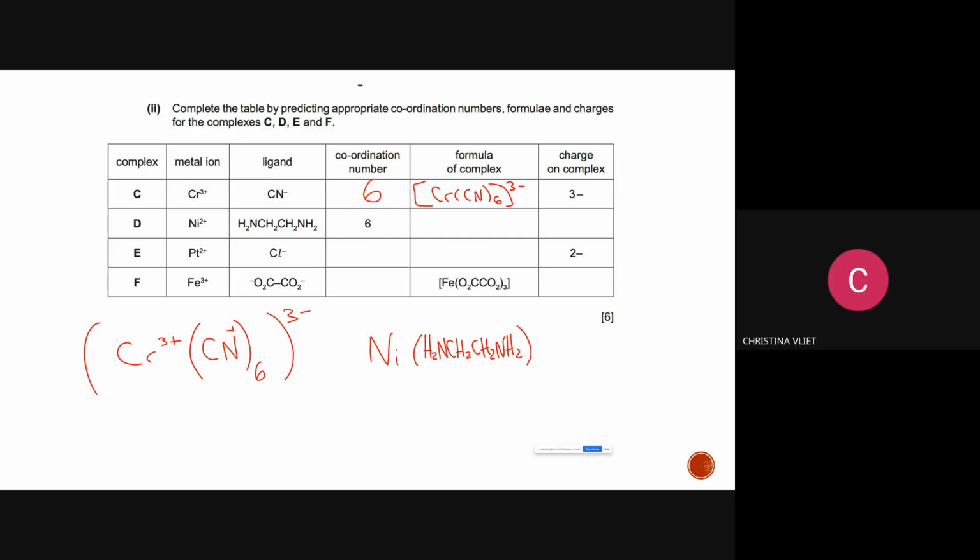That's en, the ethylenediamine. So this would be +2. How many of these do you need? 6. Each of these donates 2 pairs of electrons. You need 3 of them. So it would be nickel, and I would write it as en for spacing, and then 2+.